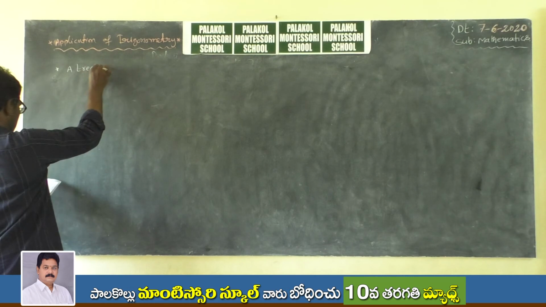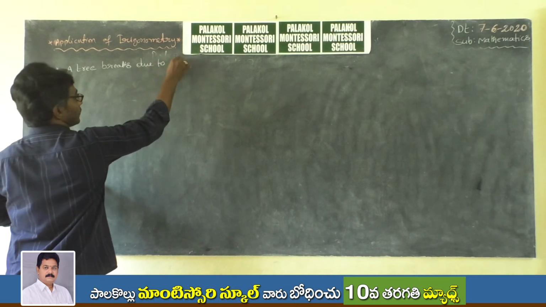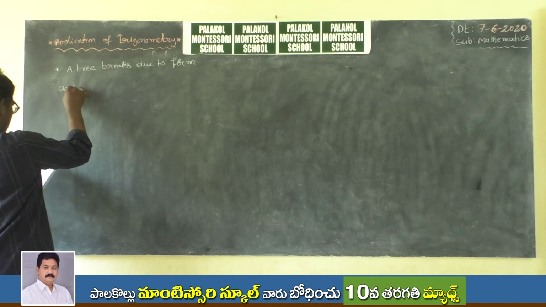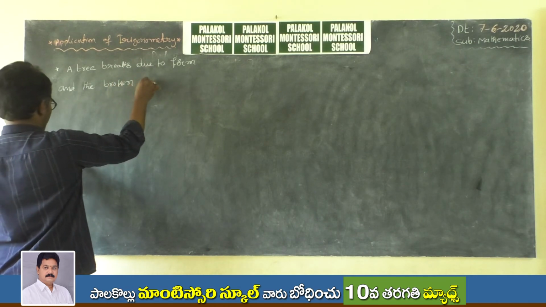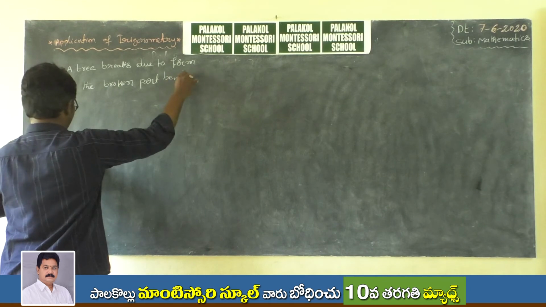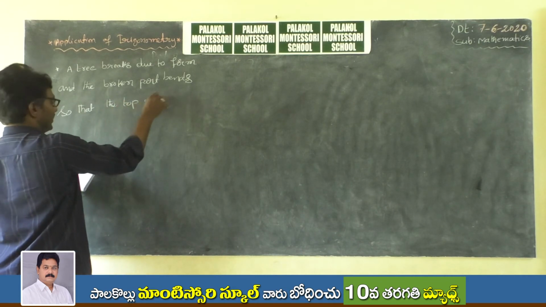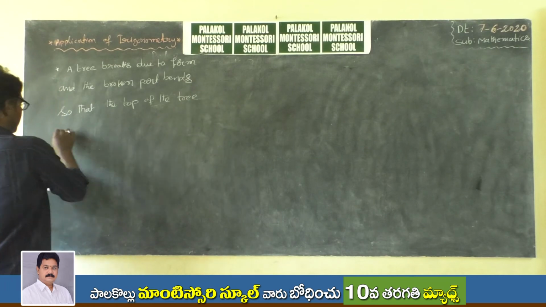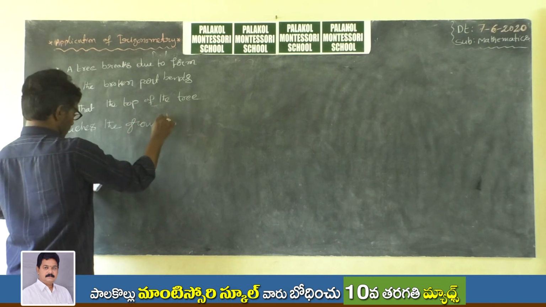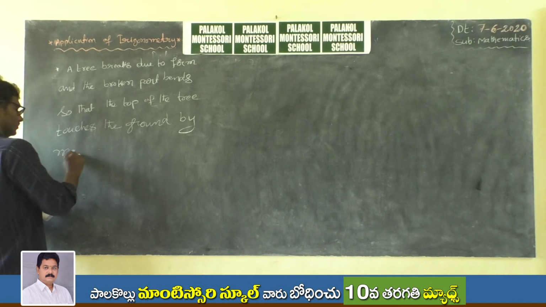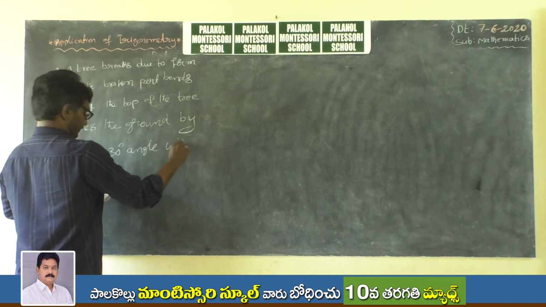A tree breaks due to a storm, and the broken part bends so that the top of the tree touches the ground by making a 30 degrees angle with the ground.